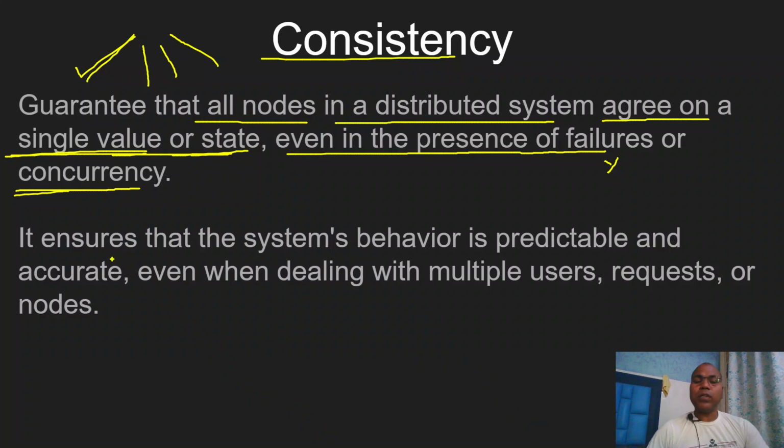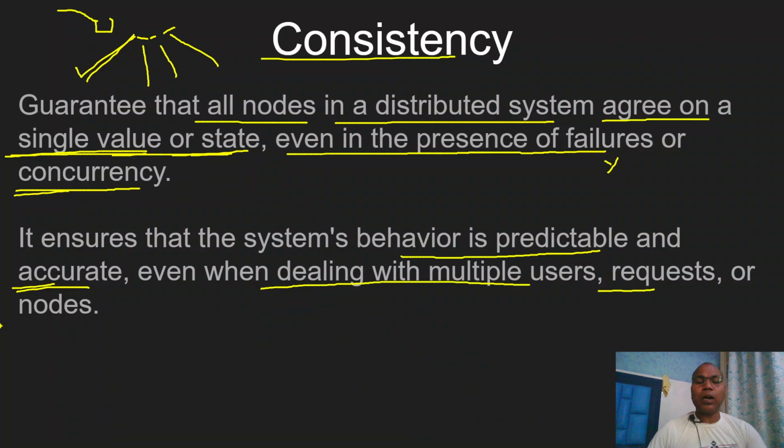It also ensures that the system behavior is predictable and accurate. Accurate means if this instance changes some value, the reflected value will be available to all nodes, even when dealing with multiple user requests.